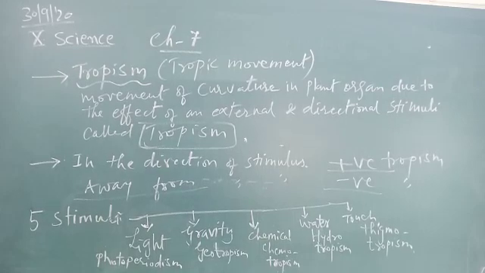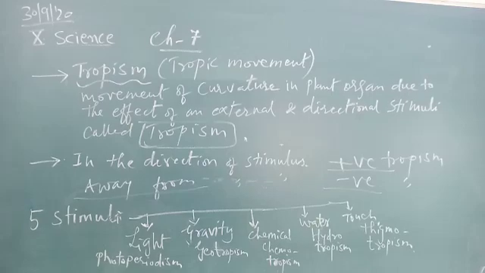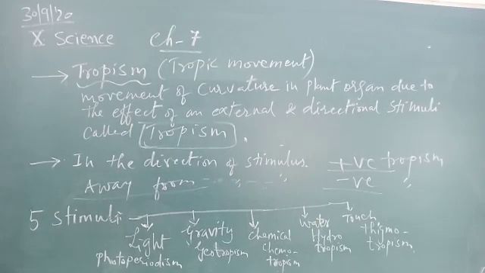The stem responds towards light and bends towards it, this is called positive phototropism, and the roots of the plant bend away from the light, this is called negative phototropism. For example, this can be observed in plants kept in a room which receives sunlight through the window.